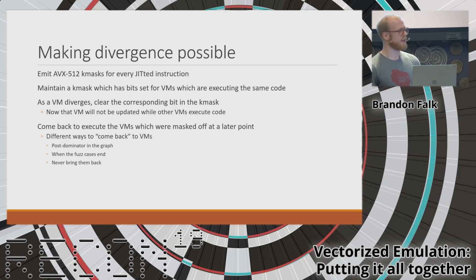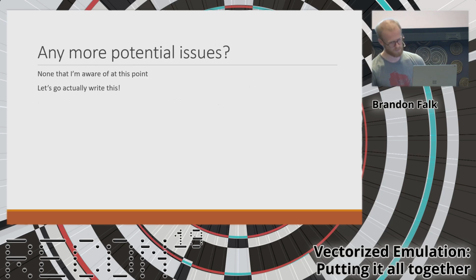Or you could end up looking at the graph, find where a post dominator is. Maybe you can find a place where you can merge back up with the neighbors that you lost. There are a bunch of different ways you can handle that merging, and they all have trade-offs in their difficulty of implementation and their cost in terms of performance.